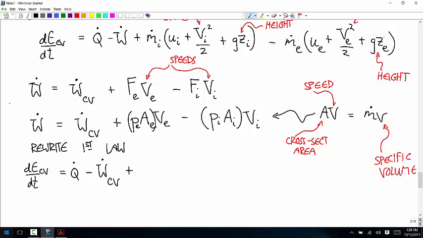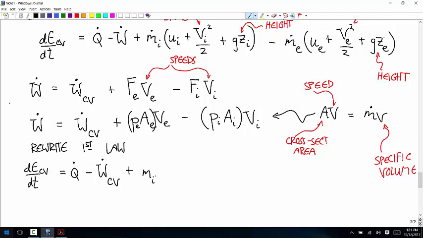Okay. So now with that substitution, notice that this PA speed, I can write as mass flow rate times pressure times specific volume. And so now I'm going to use that and make this substitution.